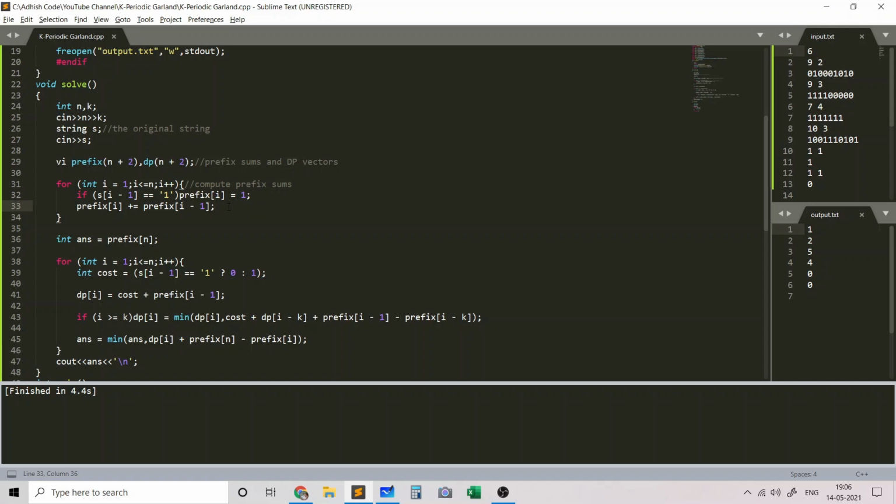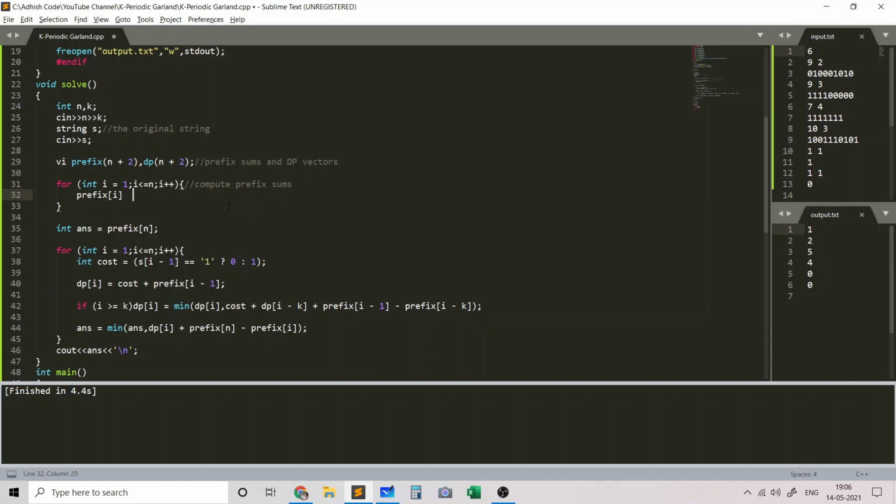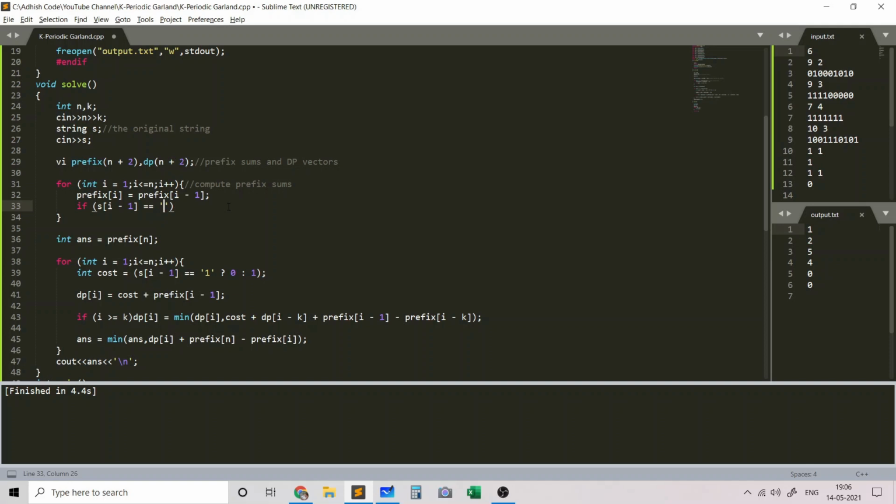Otherwise, we would add 0 to prefix of i. So a better way to write this would just be prefix of i is prefix of i minus 1, and if s of i is 1, prefix of i plus plus. This is a better way to write the same thing. And we use i minus 1 because strings are 0 based indexing, and we are using 1 based indexing here.